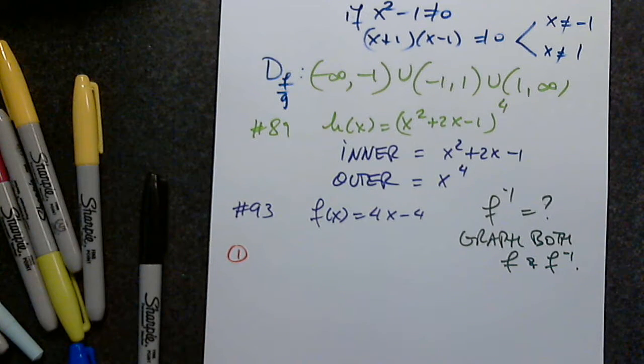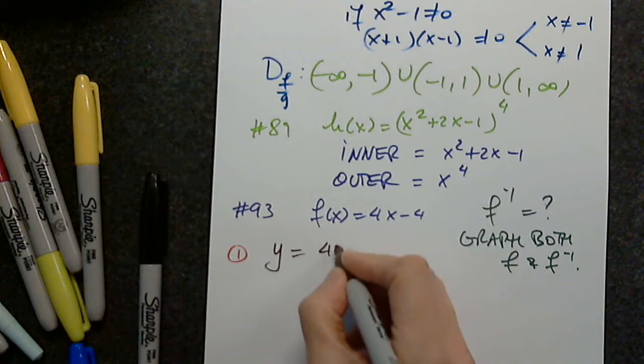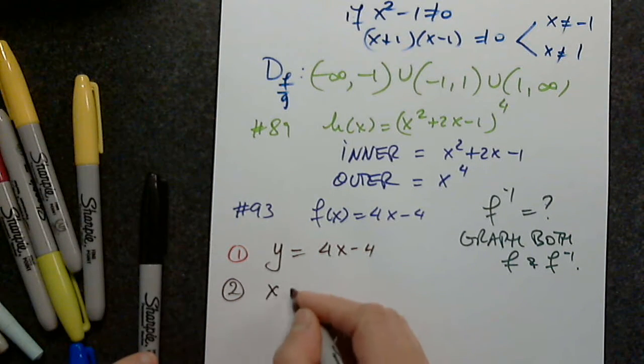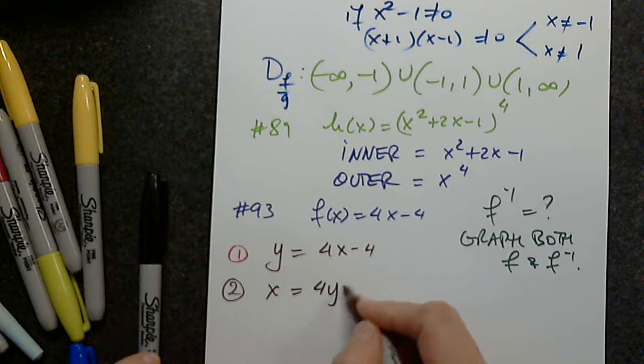So number one, first step for the 4-step procedure. Replace f of x with y. Very good. We write y equals 4x minus 4. Very good. Because f of x and y mean the same thing. Good. Next question. Next step, I should say. Yes. What allows us to do that? We want to replace y by x, and we replace x by y.